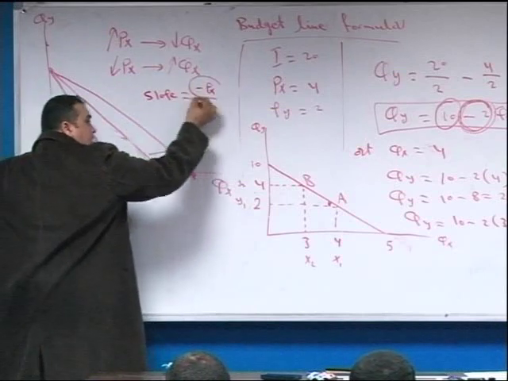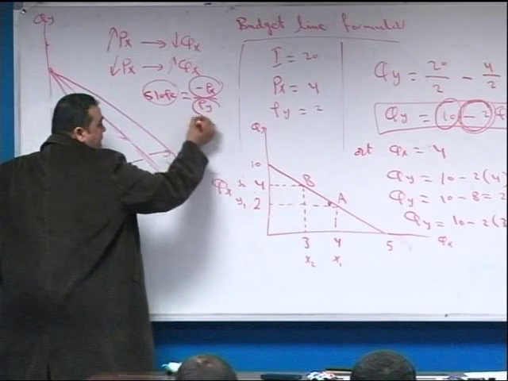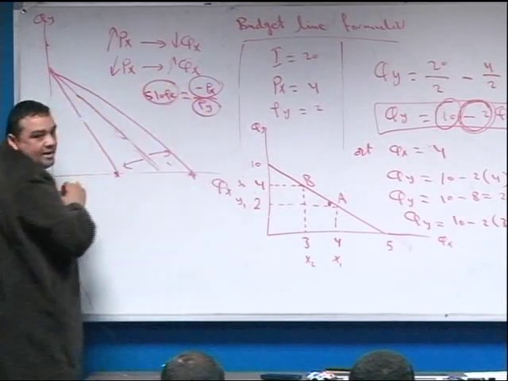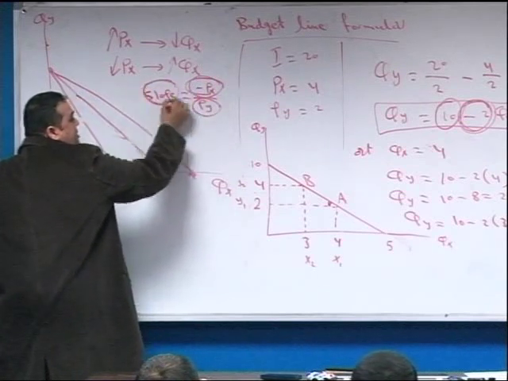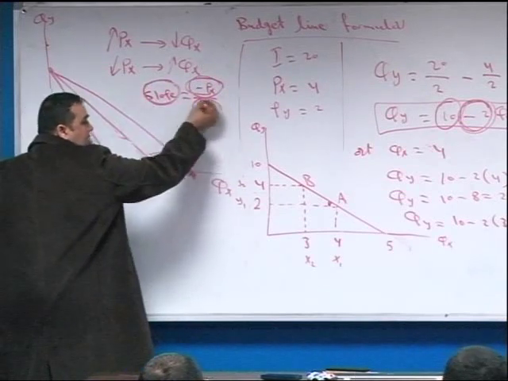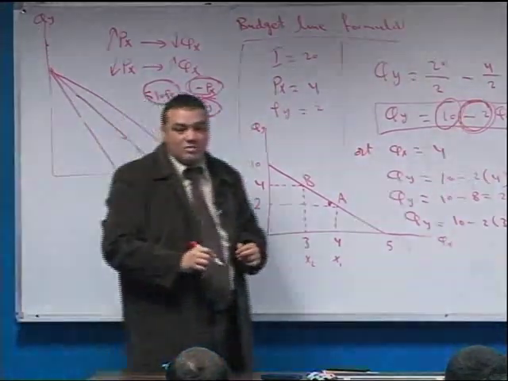When the price of X increases, the slope would increase. When the price of Y increases, the slope would decline. A reduction in the price of X leads to a reduction in the slope of the budget line. A reduction in the price of Y leads to an increase in the slope of the budget line. Thank you.